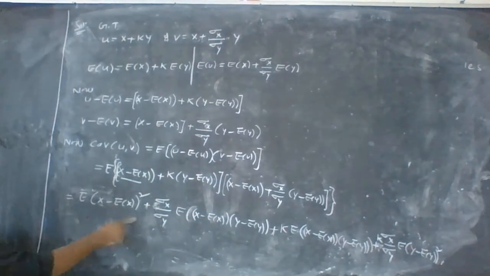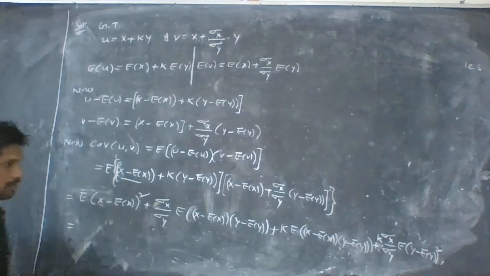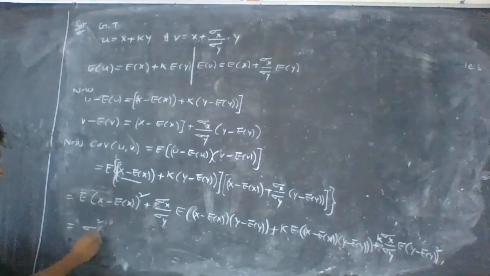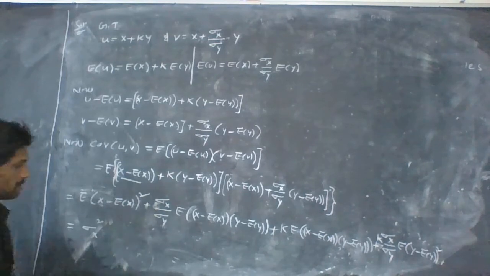Clearly, expectation of x minus expectation of x whole square is sigma square x, that means variance of x.